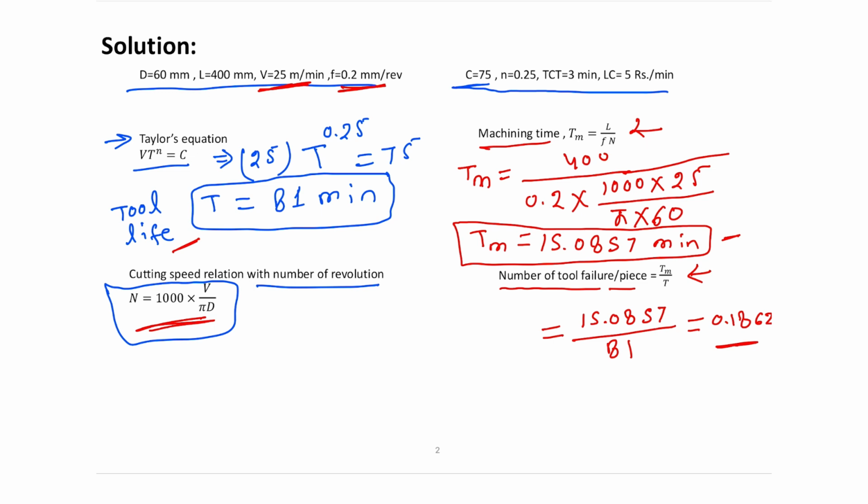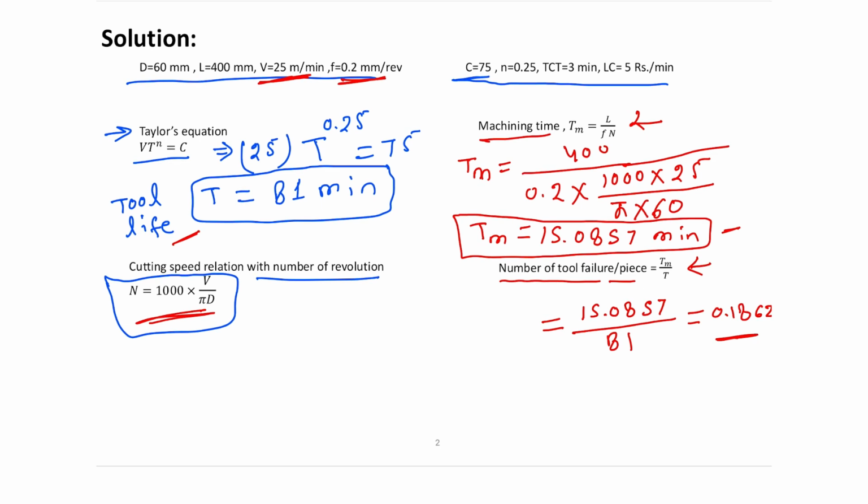So what we can say is, what will be our tool change cost per piece?